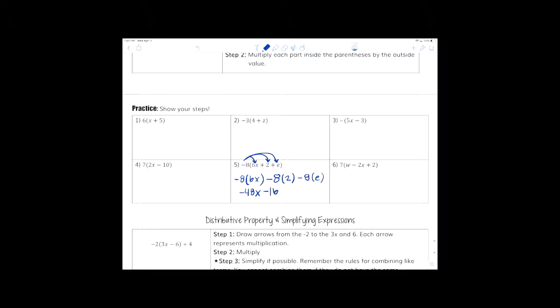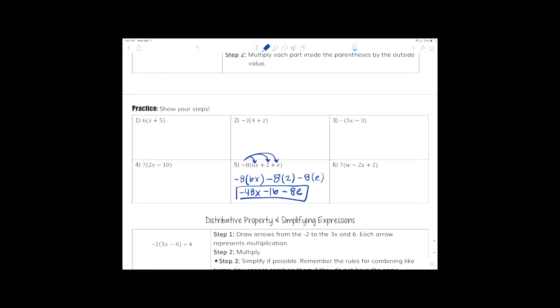Negative 16. Good. And now I have a negative 8 times a positive e. What do I get? A negative 8e. Okay? So you should end with 3 terms in your answer here.